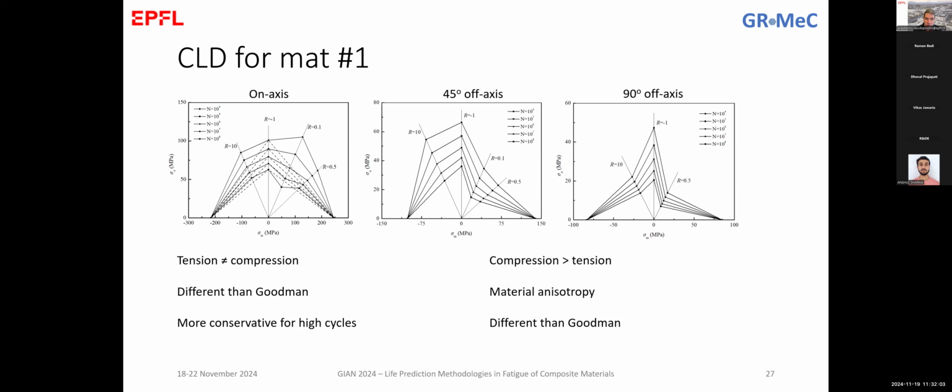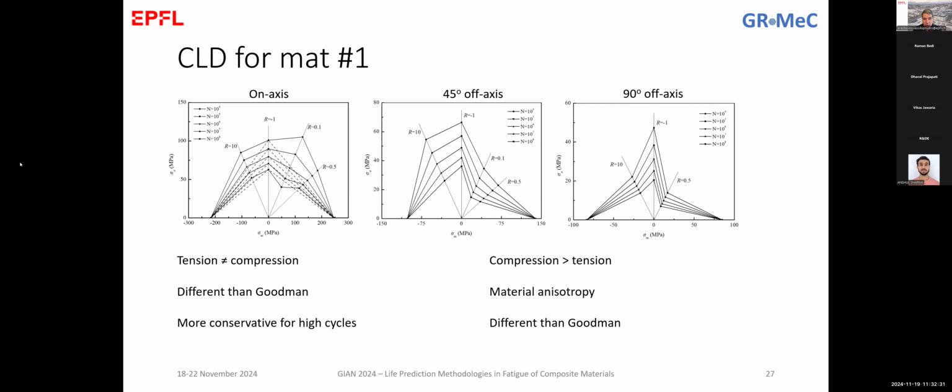We also see here that the behavior of the material cannot be simulated by the Goodman diagram. The dashed lines here correspond to the Goodman diagram. The Goodman diagram is not able to simulate the material behavior in many cases.